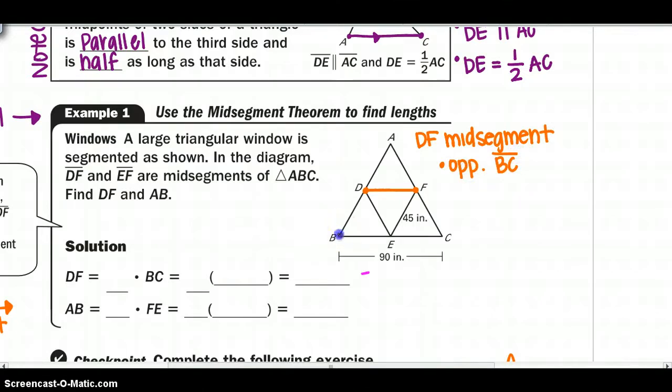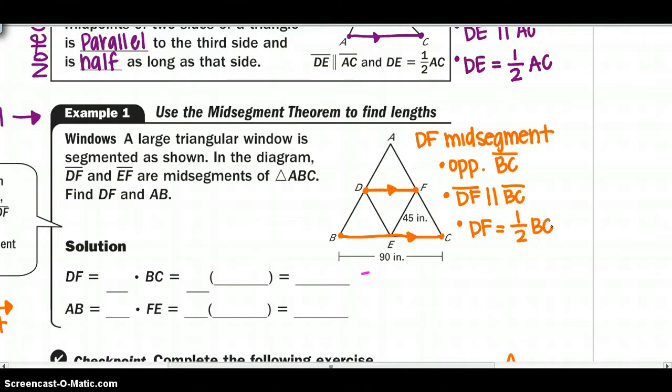So the midsegment opposite BC is called DF. From theorem 5.1, DF is parallel to BC. We also know that DF, our midsegment, is half as long as BC.